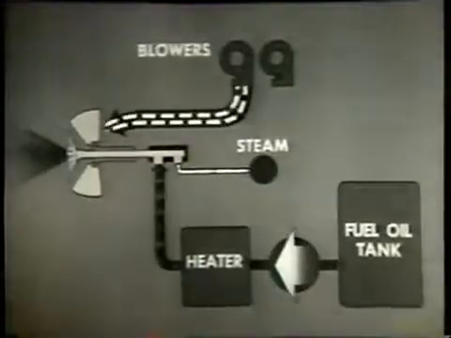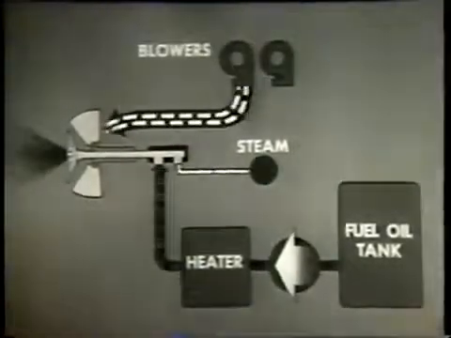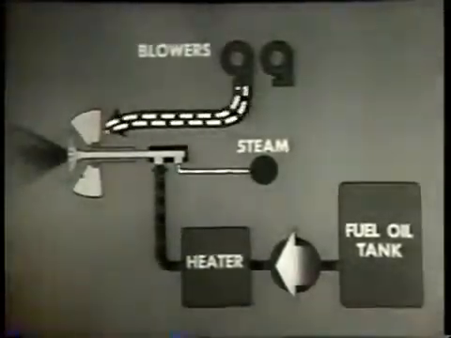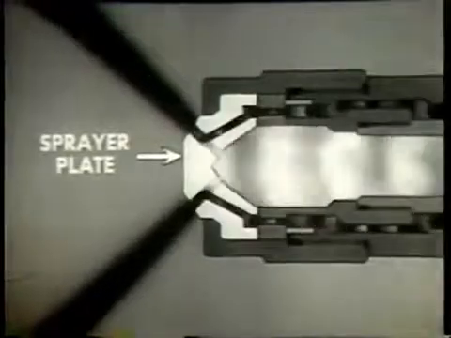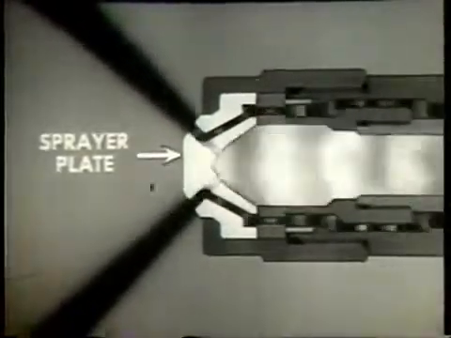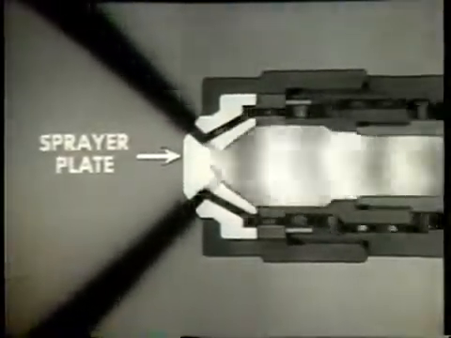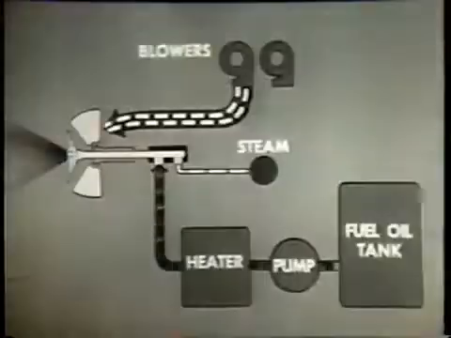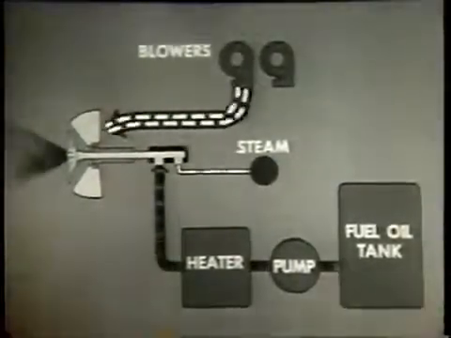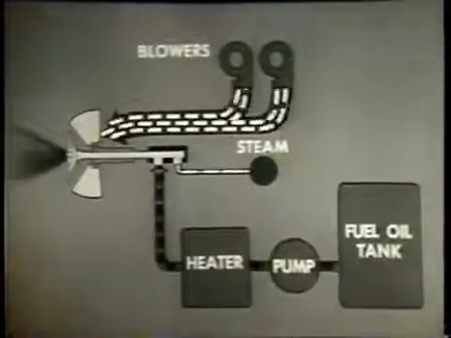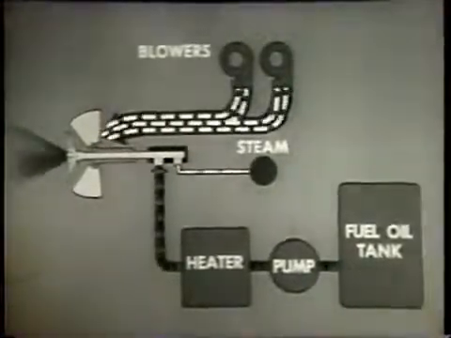When you increase or decrease oil pressure, you must change the steam pressure correspondingly to get good atomization. You must also change the sprayer plate in the burner if the capacity of the plate is incorrect for the new firing rate. As with most burners, you adjust the speed of the blowers and the number in service to control the air supply.